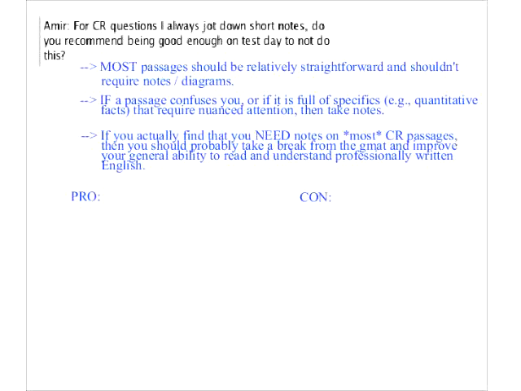So, the pros and cons of taking notes in general. One big pro is that it sometimes aids your comprehension. And I think the most important pro here is that it keeps your head in the game.